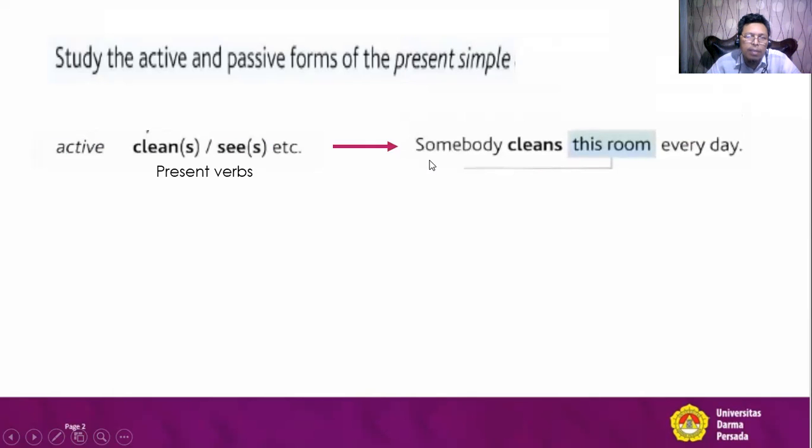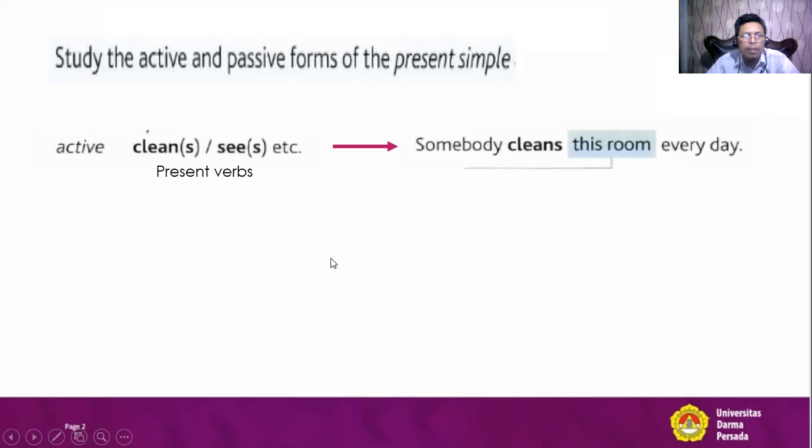Now I'll give you the sentence like this. Somebody cleans this room every day. We identify that we have cleans. This is a present verb. It follows the subject, somebody.